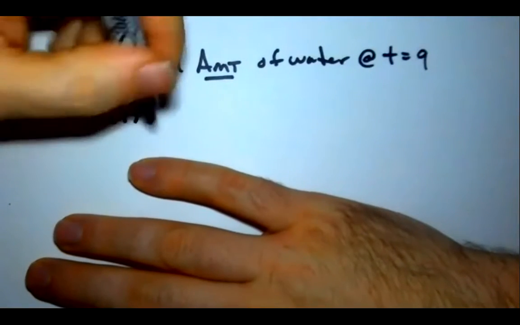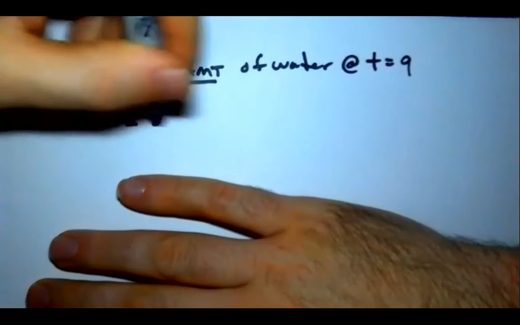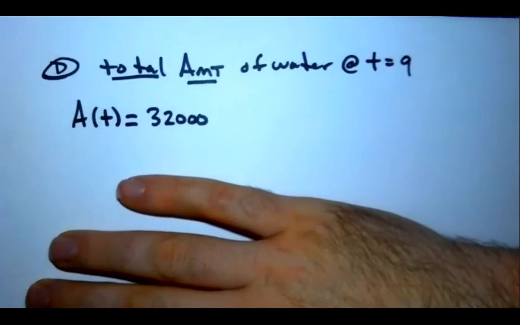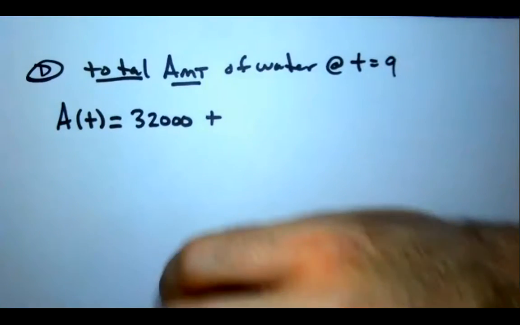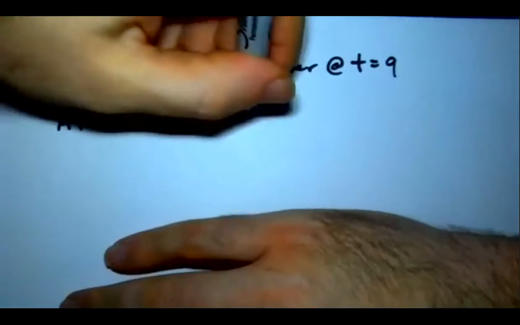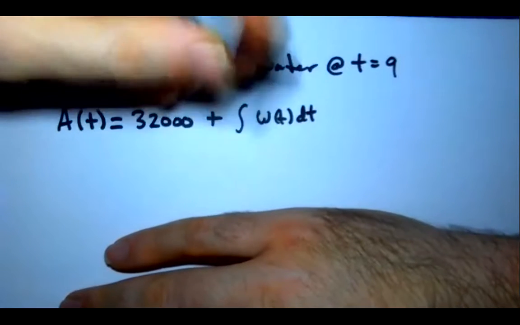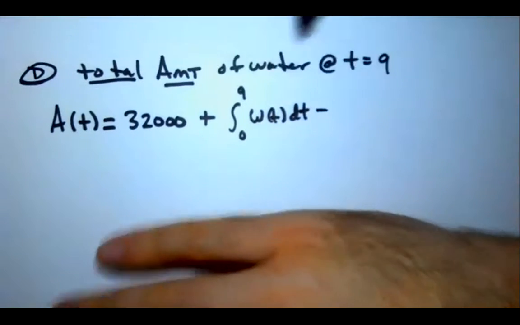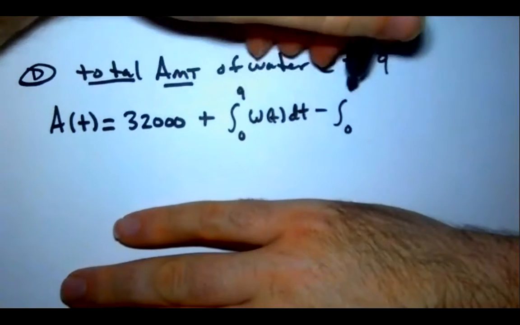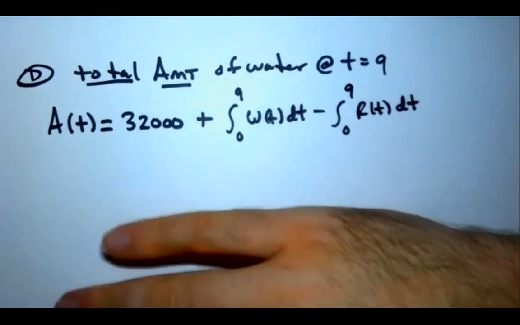The amount function is equal to 32,000 plus the water in, that's the integral of W of t dt from 0 to 9, minus the integral from 0 to 9 of R of t dt.